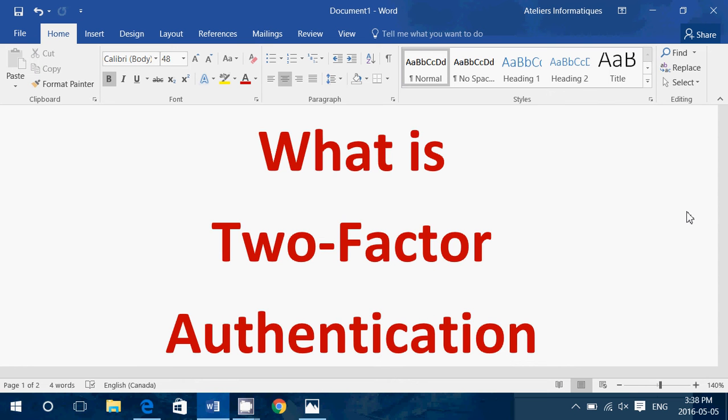Now, two-factor authentication is secure because it means that you not only have your password, you have something else. In a regular entry, when you don't have two-factor authentication, you enter your email address and your password, or your username and your password. That's it.